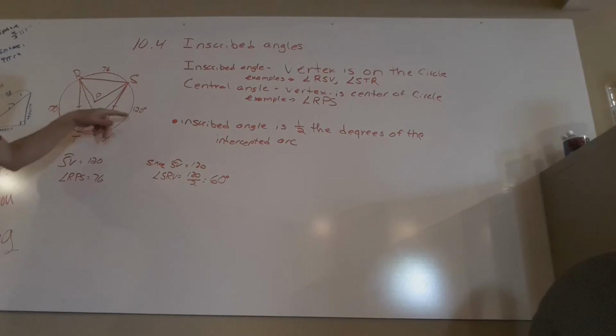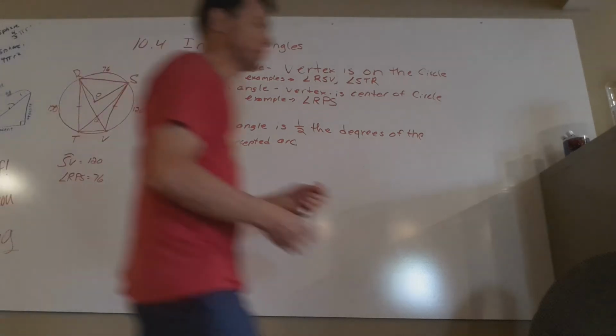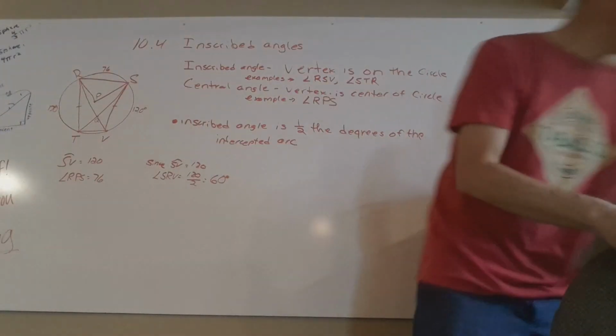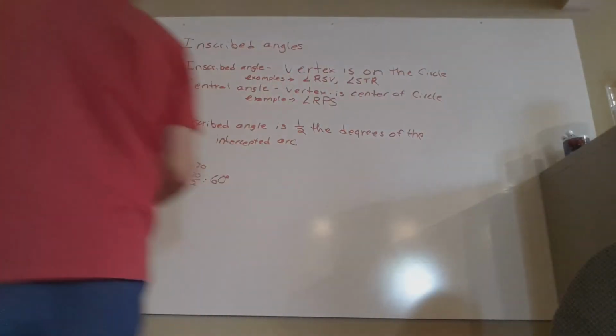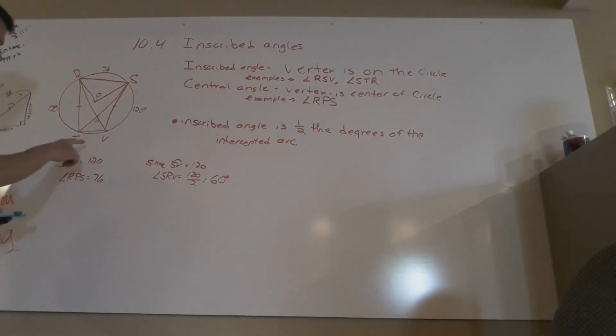So you could add 120, 120, well, that's 240. 240 plus 76 is 336, and then 360 minus 336 would be 44. So then TV is 44.